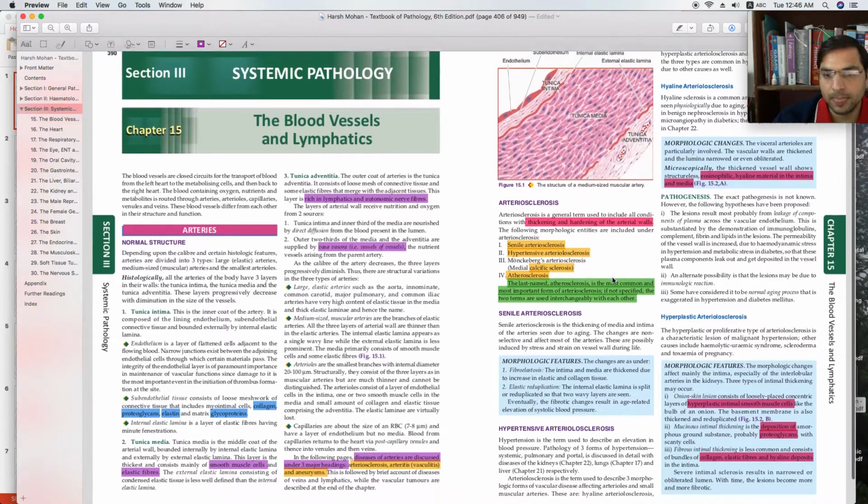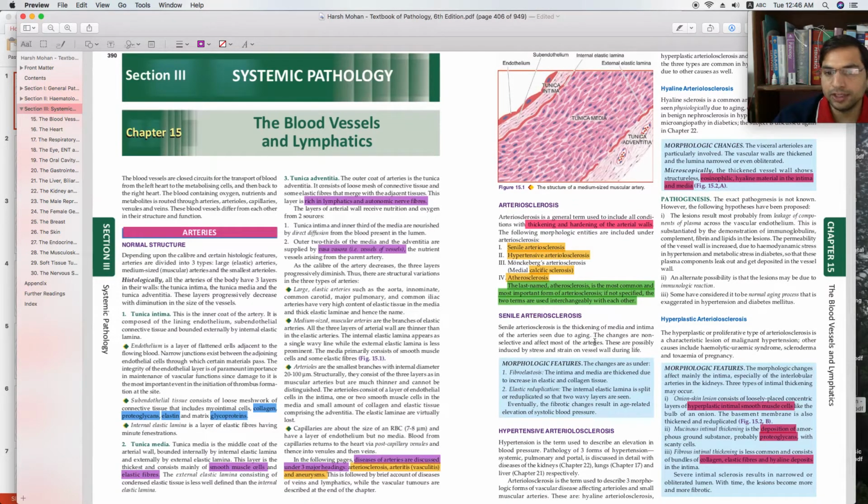See senile arteriosclerosis. What happens? The intima and the media, these two layers, become thickened because of the increase in elastin and collagen tissue. So elastin and collagen deposition happens in tunica media and tunica intima, and they become thickened as the age progresses.